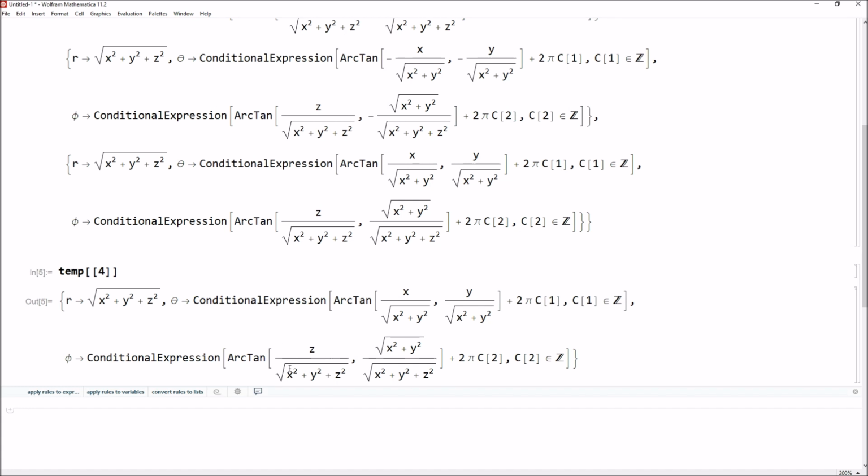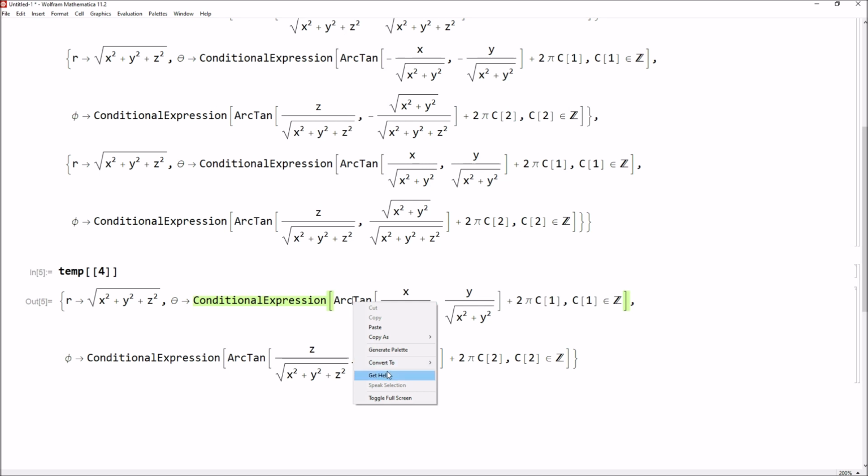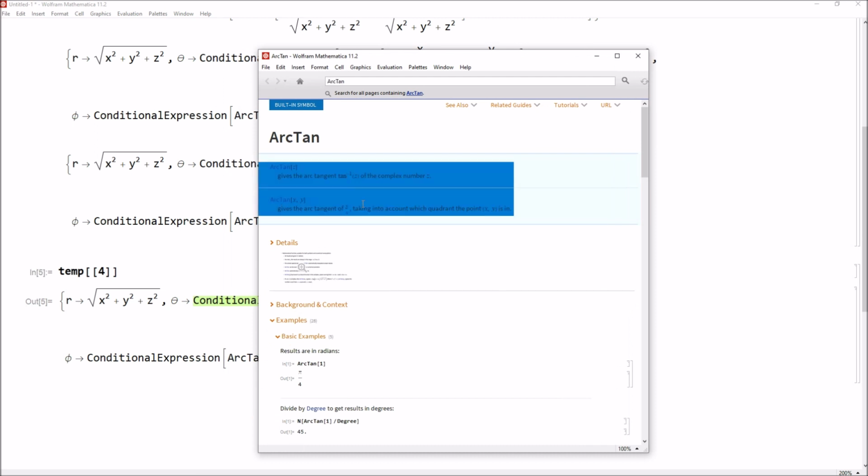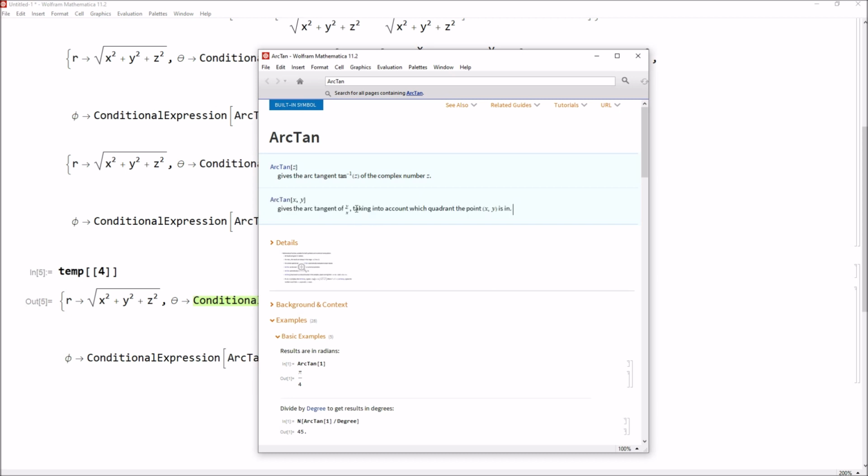The only thing we want to make sure of and denote real fast and maybe point out, again, if you watched our 4-quadrant inverse tangent video, you know that Mathematica and MATLAB decide to use inverse tangent in a slightly different fashion. If I come over here and get help on Mathematica's inverse tangent function, we notice here that it does have the 4-quadrant version, but can I zoom in on this a little bit?